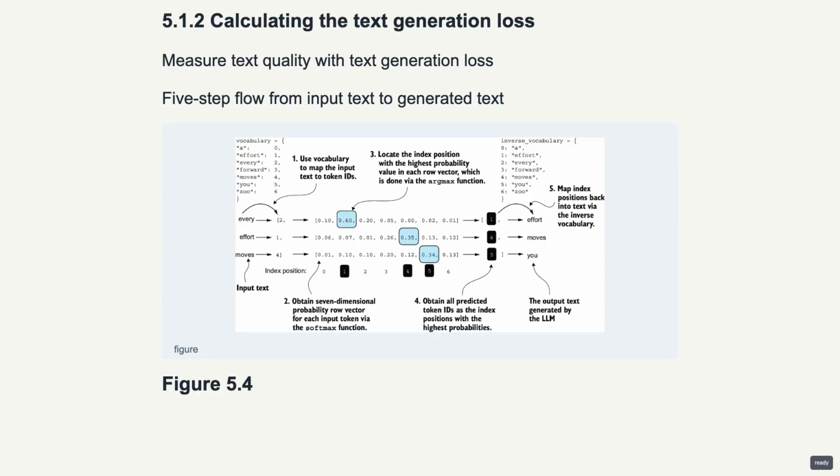The figure uses a tiny vocabulary, so the steps fit on the page, but the structure is the same for a full GPT model. The only difference in practice is that the vocabulary is much larger.